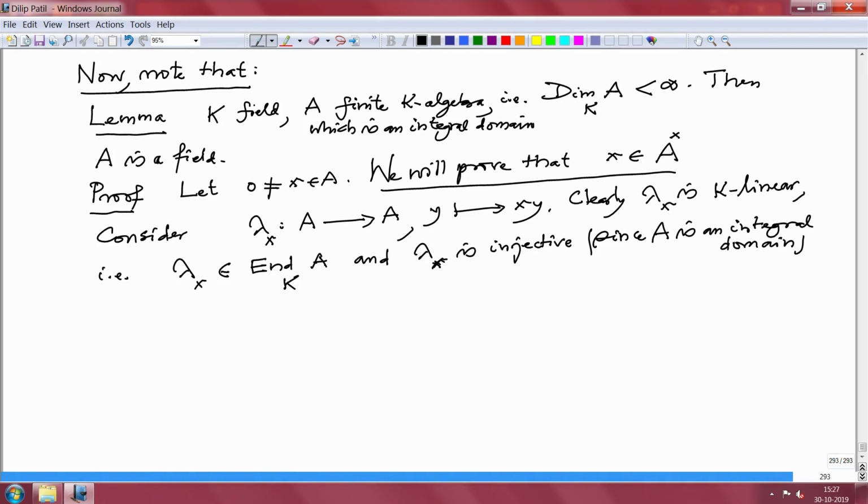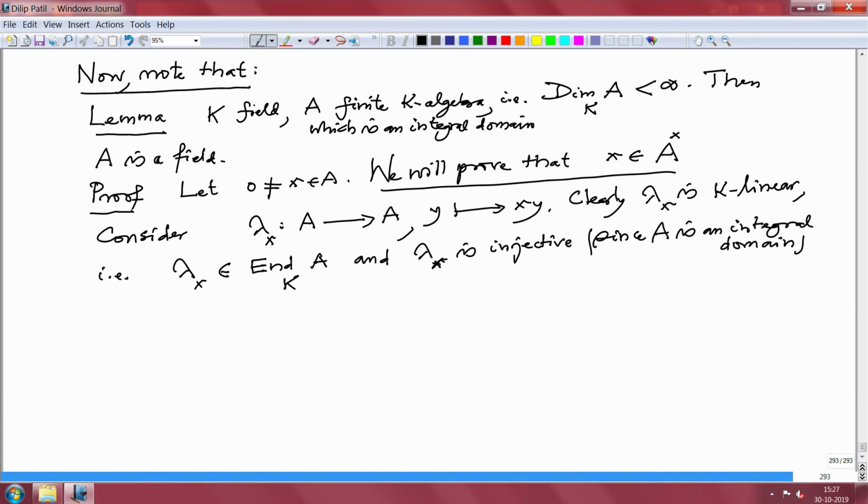But then it is finite dimensional, and we know that in a finite dimensional vector space, linear injectivity, bijectivity and surjectivity are all equivalent. This is similar to the pigeonhole principle for sets; this is the pigeonhole principle in linear algebra.